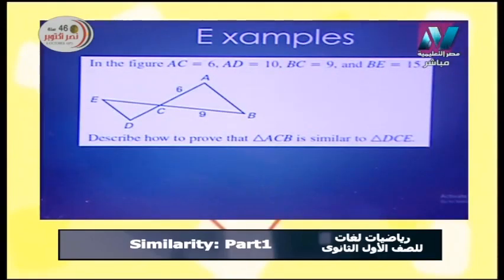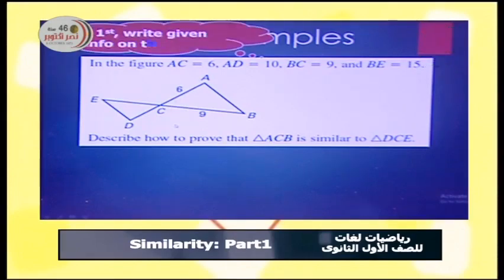We have 2 triangles as you see here in the figure. AC equals 6 centimeters, AD, from A to D, equals 10 centimeters. So CD equals what? Think about it. If AD equals 10 centimeters and the part AC equals 6 centimeters only, so the remainder CD equals what?